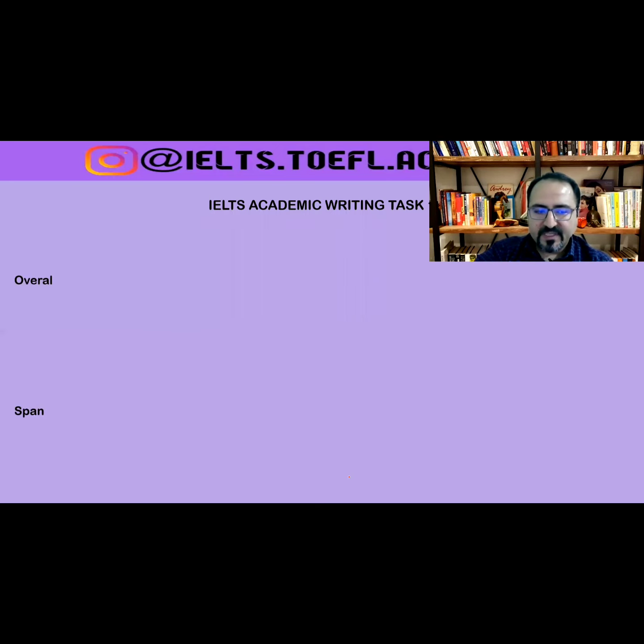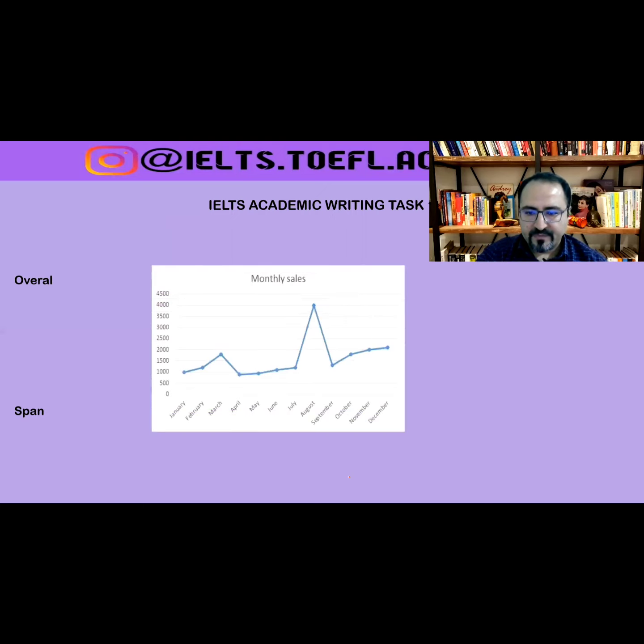Now, the last but very important words that we have here. The first word is overall. Many people think that by the word overall, we mean to reach a conclusion. It is not actually a conclusion. When we are referring to an overall idea or an overall trend of the graph, we want to show how the sales, the population, or whatever the graph is showing increased or decreased.